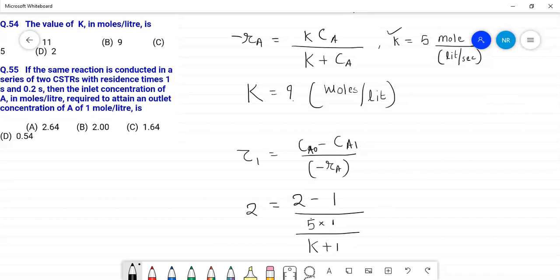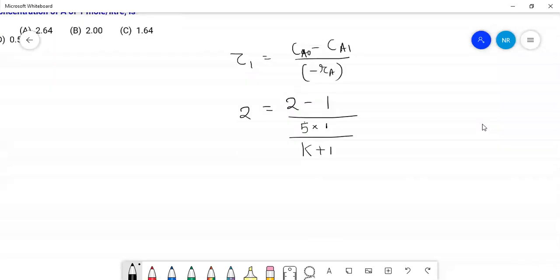So once we calculate it, can you tell me the answer? What will be the answer for big K?